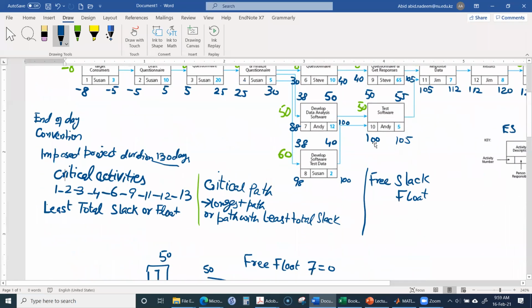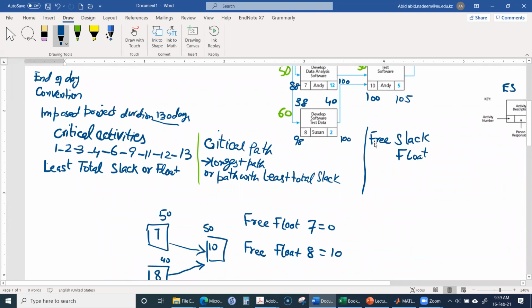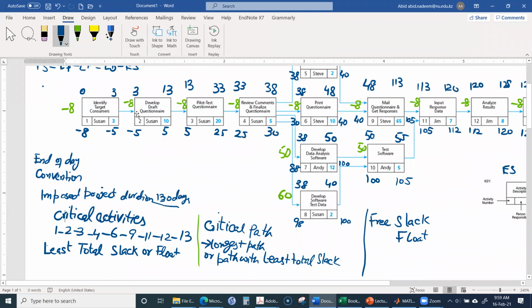But for other activities, the free slack is 0, because these are the critical activities. When there is a critical activity, there is no such liberty. For example, if this activity is finishing at 3 and its following activity is starting at 3, and this activity 2 is finishing at 13 and its following activity is also starting at 13, there is no free slack.